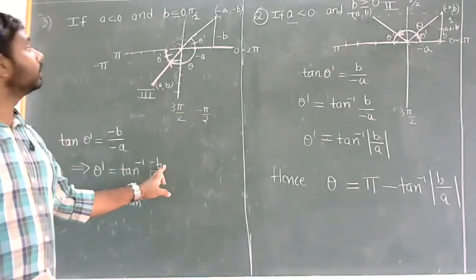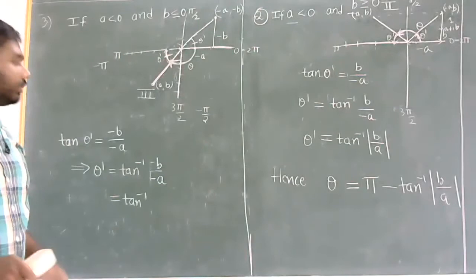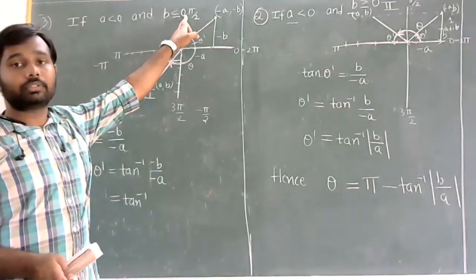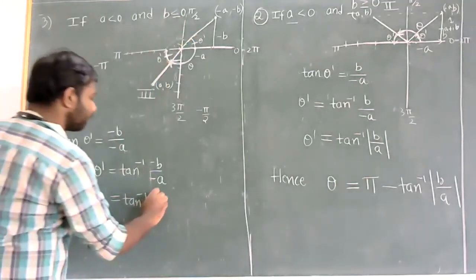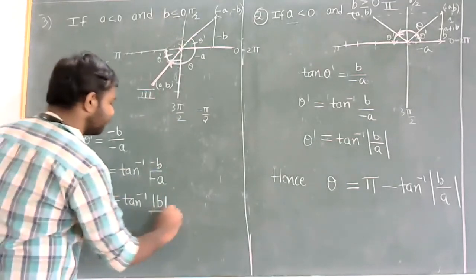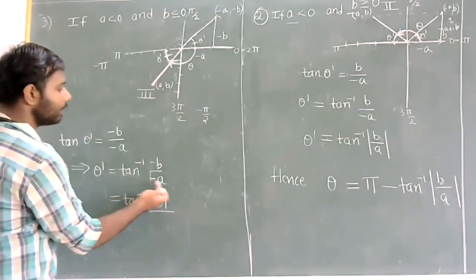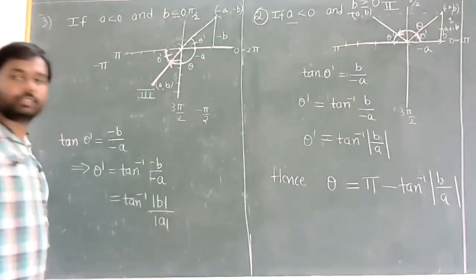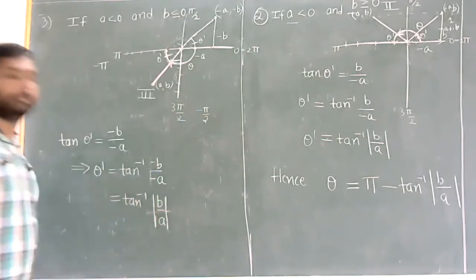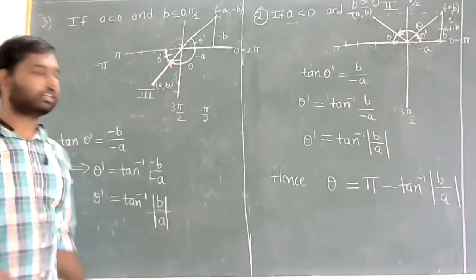As b is less than or equal to 0, minus b will be greater than or equal to 0. So the modulus of b will be minus b. Then as a is less than 0, the modulus of a will be minus a. So I am just replacing minus b and minus a by their modulus values. So theta dash is tan inverse of modulus of b by a.